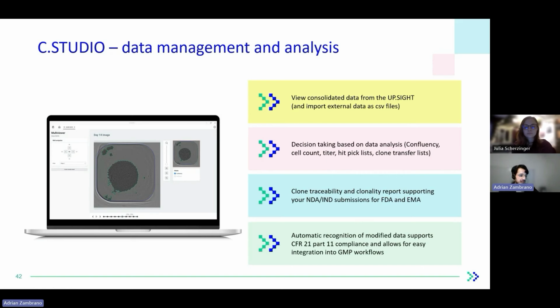And this basically extends clone traceability and clonality reporting, right, that are ideal for NDA and IND submissions to the FDA or EMEA. Having software that supports modified data supports CFR Part 11, and that will help you integrate these workflows into GMP workflows, right?